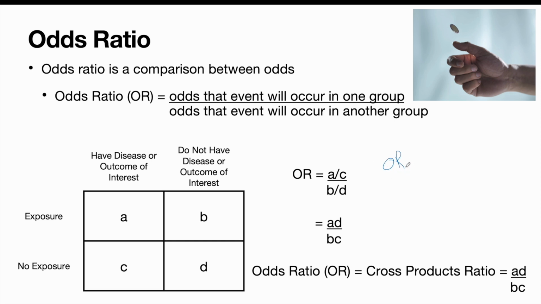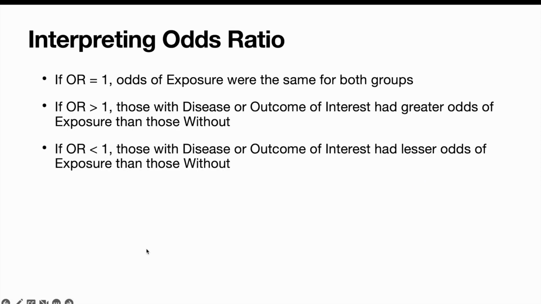So our odds ratio would be then, in that case, A divided by B, and all of that would be over C divided by D. But if you simplify this, once again, we get our cross products ratio, which would be AD over BC.